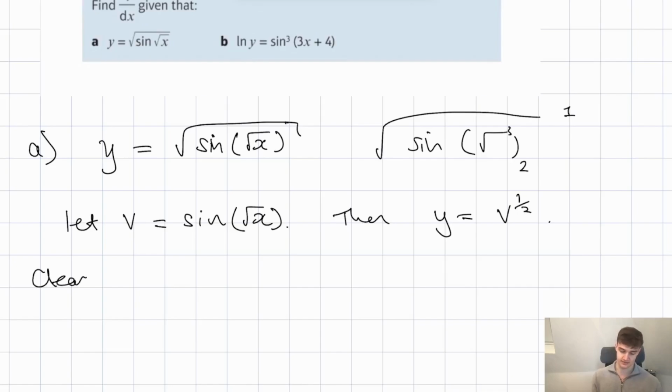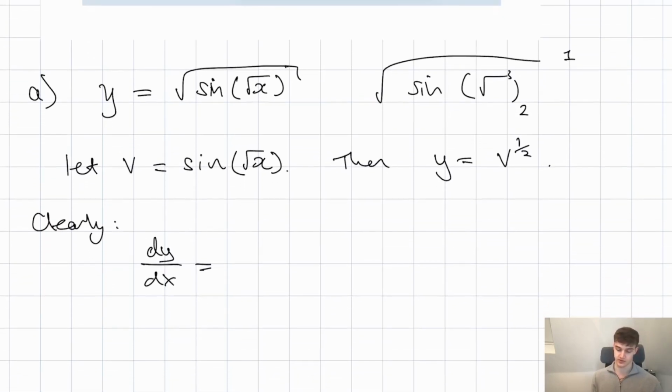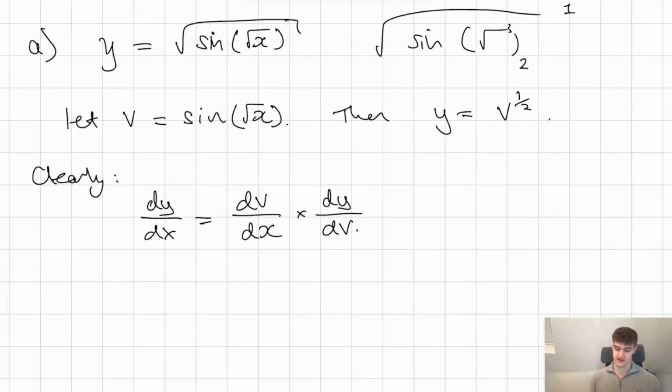So clearly from the chain rule, dy by dx is equal to, and hopefully you're happy, v is still just a function of x here, dy by dx is equal to dv by dx times dy by dv. Now the key is that to calculate dv by dx, you're probably going to want to use the chain rule again.